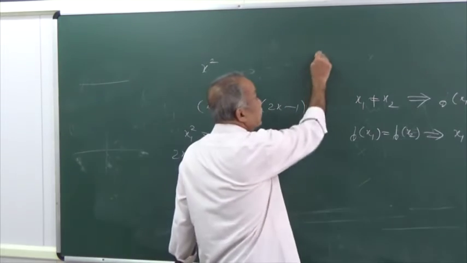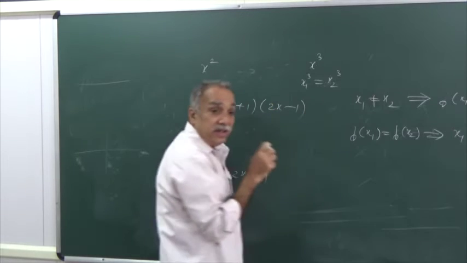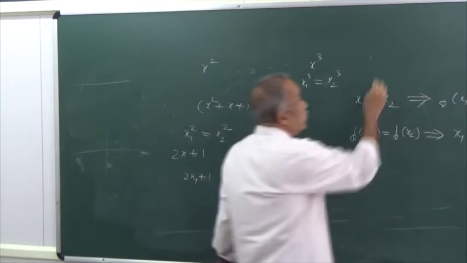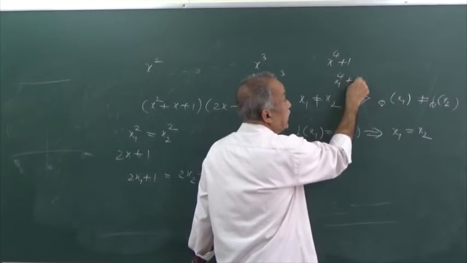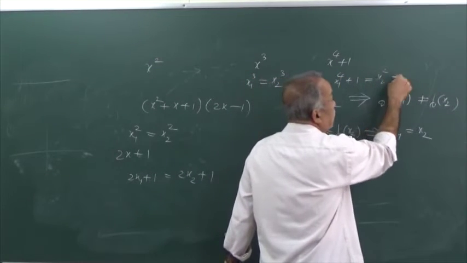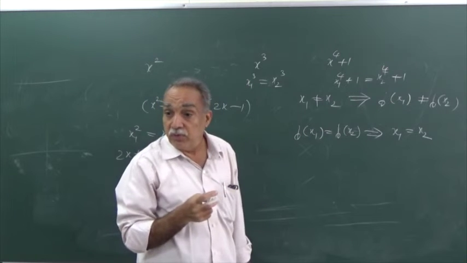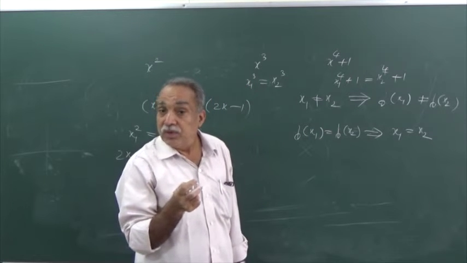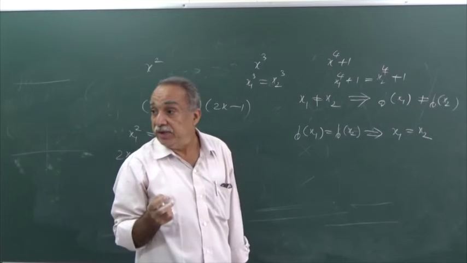Suppose you consider x cube. x1 cube equal to x2 cube means x1 equal to x2. The function is 1-1. Suppose you consider x to the power 4 plus 1. x1 power 4 plus 1 equal to x2 power 4 plus 1 means x1 power 4 equal to x2 power 4, means x1 equal to plus or minus x2, which means the function is not 1-1.